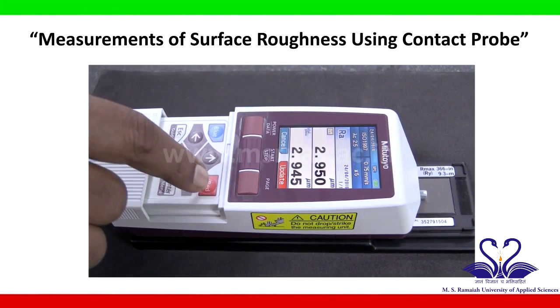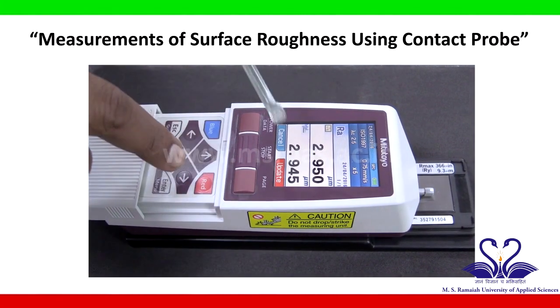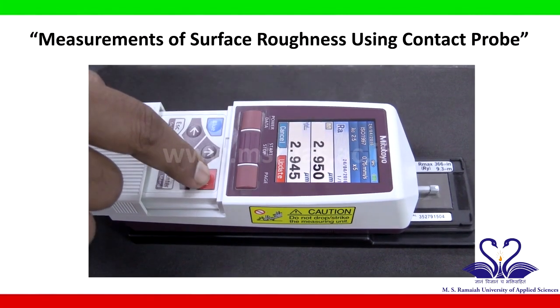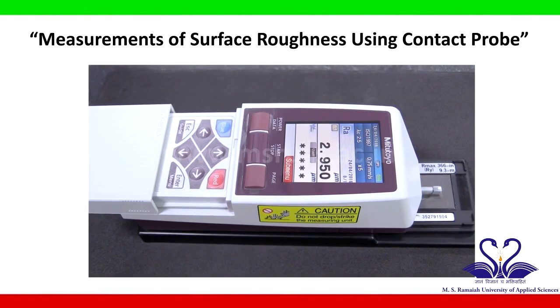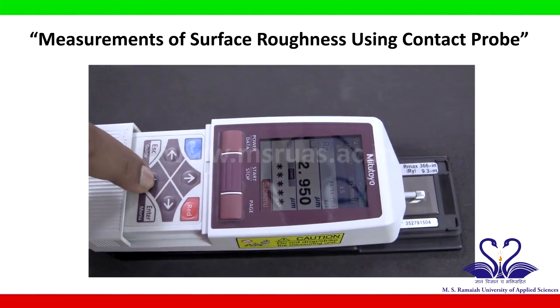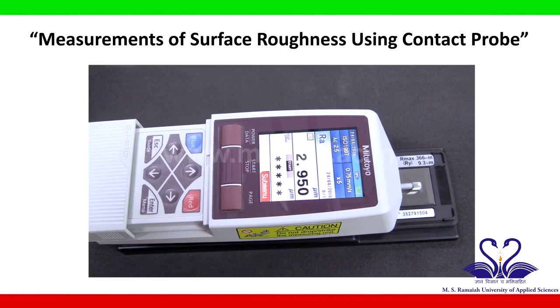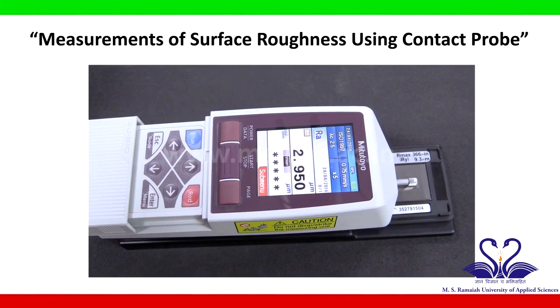Next, press the red button, which is used for updating the current value. Now it is updated. Now the calibration process is completed. Now the instrument is ready for measuring the surface roughness.